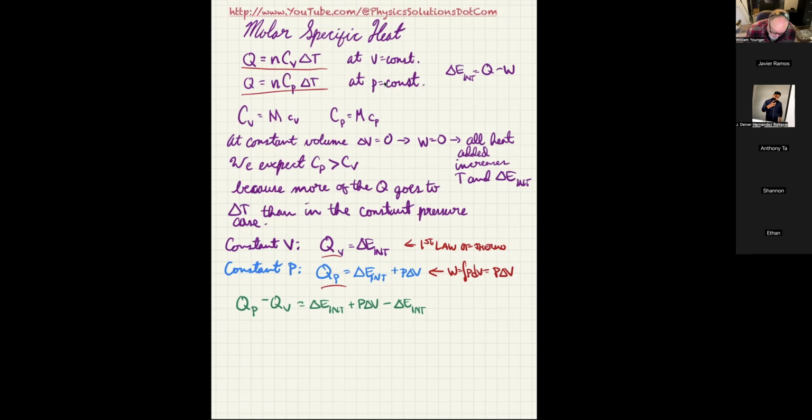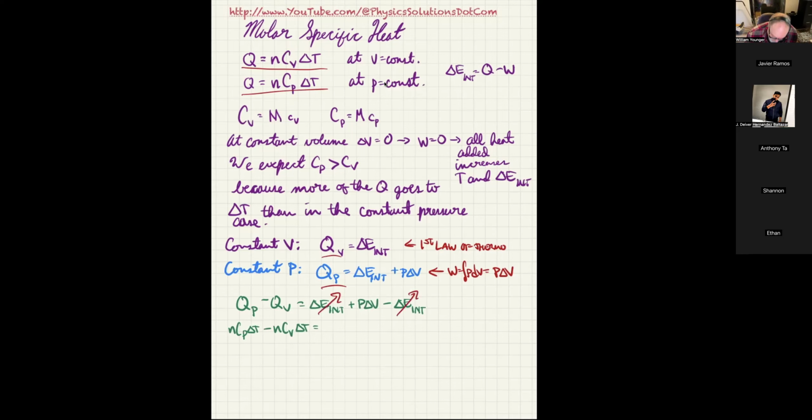But now I can use the first equations up at the top, and I will have, in fact, N CP delta T minus N CV delta T. And the way you see that is because the delta E internal here cancels out with the delta E internal here.